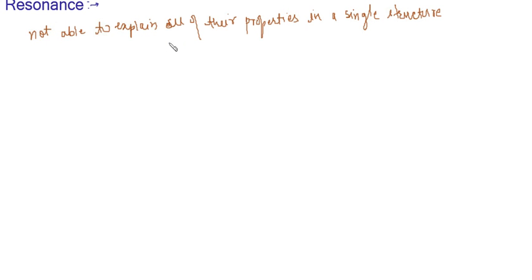There are so many covalent compounds in which a single structure is not capable of explaining all of their properties. So we need more than one structure.